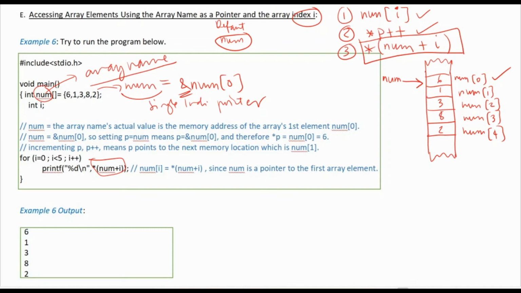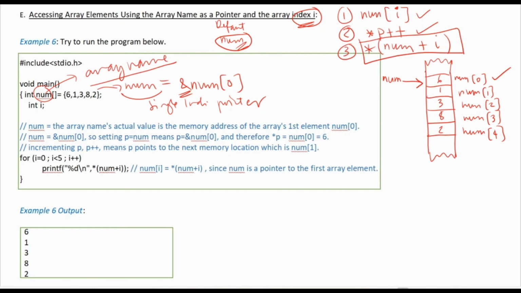And in this example, we're going to demonstrate how to use this default array pointer num to be able to access the array elements. Look at the for loop. In this expression, we have asterisk and then the quantity num plus I. So initially, num is equal to the memory address of num0.